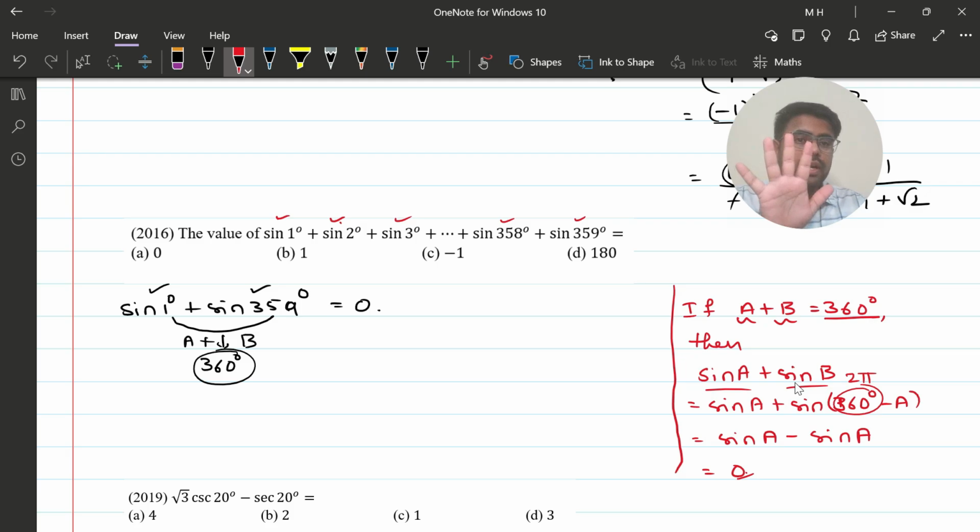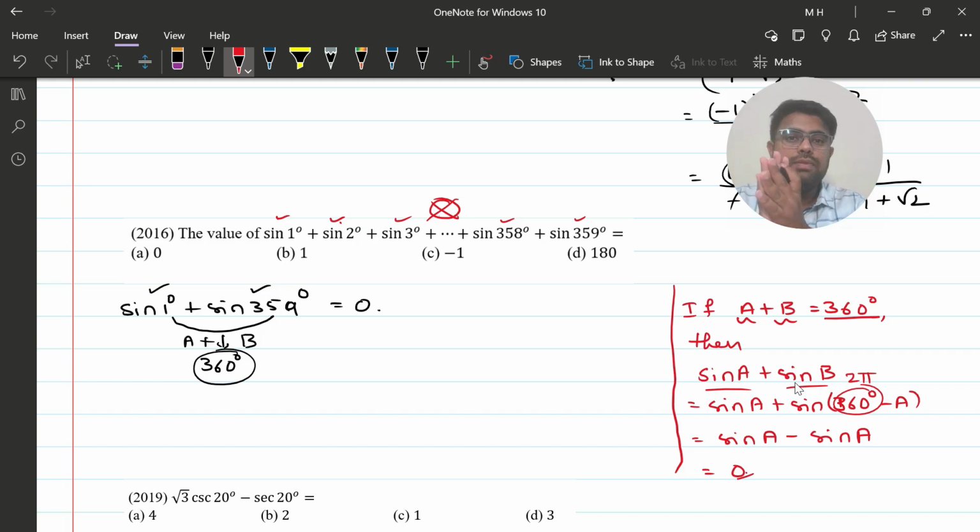If I have 5 terms, how many terms are going to get cancelled out? 4 terms are going to get cancelled out, and I'm left with one particular element in the middle. So here also I am going to be left with one particular element in the middle. If I leave it, how many terms are left? 358, right?